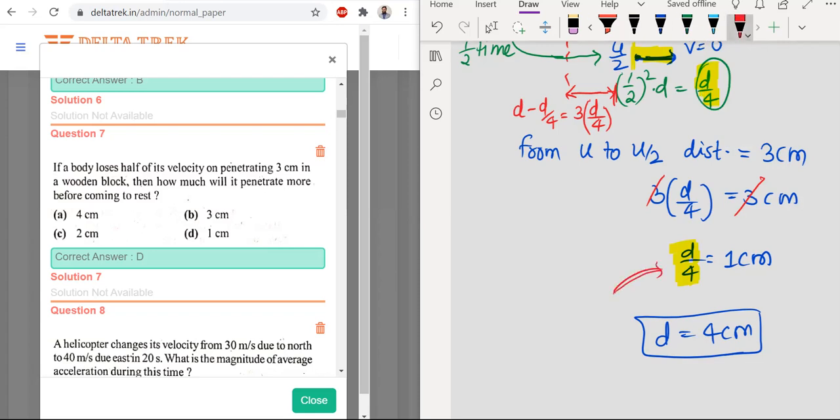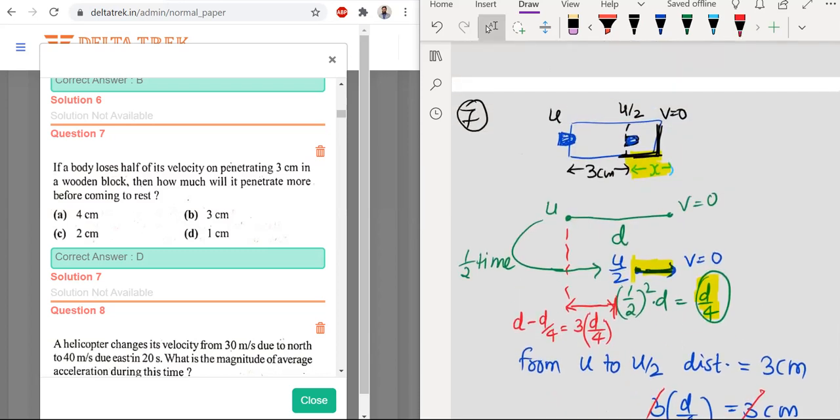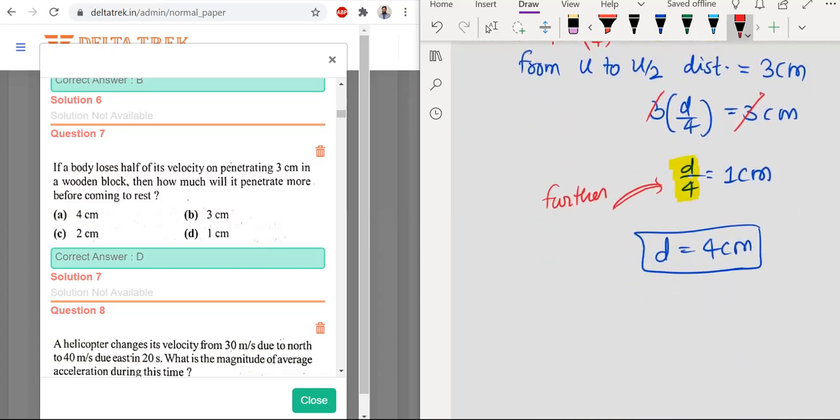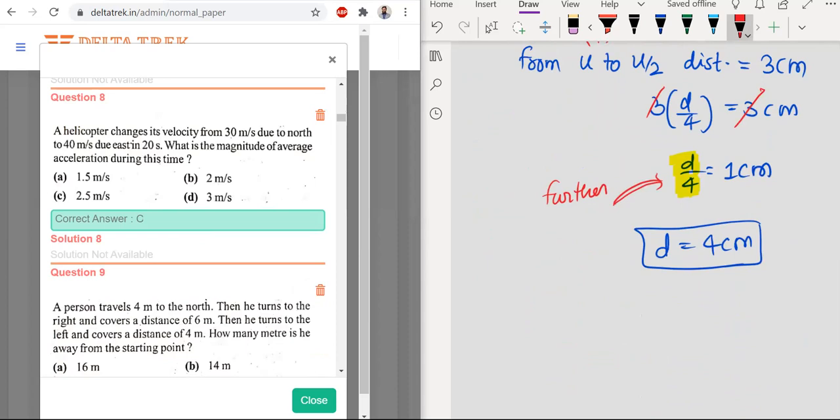So it is 1 centimeter. The answer will be D. It is actually a tricky one, although I have covered it in the lecture. It is a bit tricky to find this 1 centimeter, how much further it will penetrate.